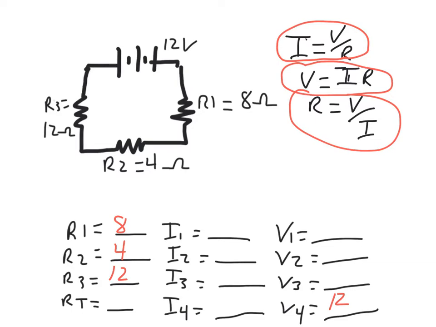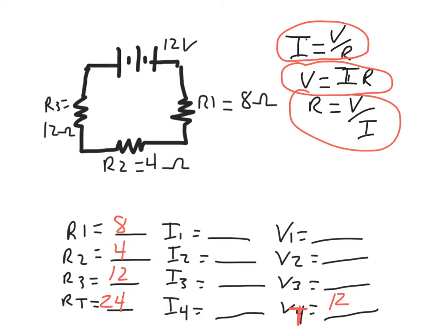Our total resistance is additive, and so we will take our 8 plus 4 plus 12, and that gives us a total resistance of 24. Now that I have my total resistance and I have my total voltage, and this should be total right there, not 4, I can find my current.